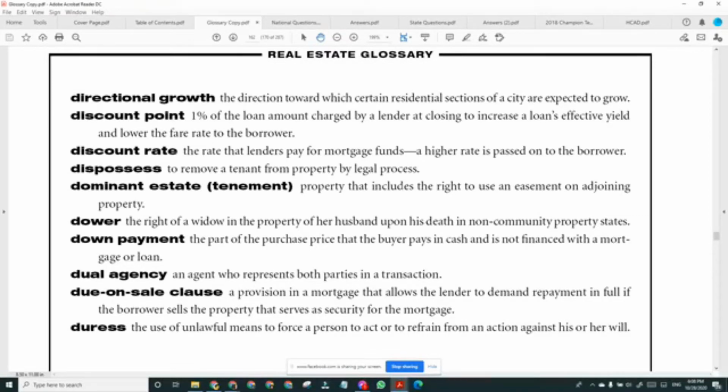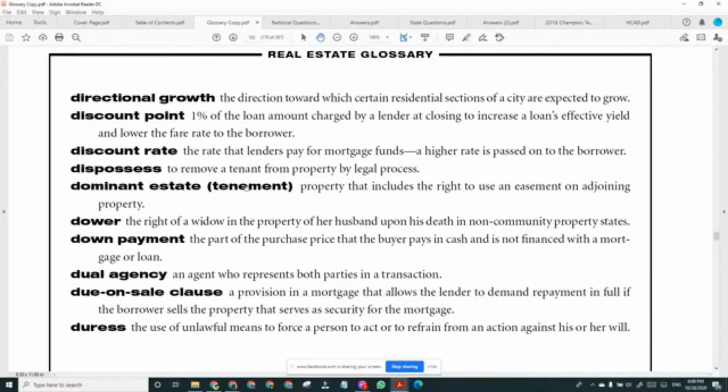You can ask for a lower rate, and the borrower can go to different lenders to do comparisons. Okay, discount rate. The rate that lenders pay for mortgage funds. A higher rate is passed on to the borrower. So if they're getting discount rates from FHA or the government, then they pass those on to the borrower.